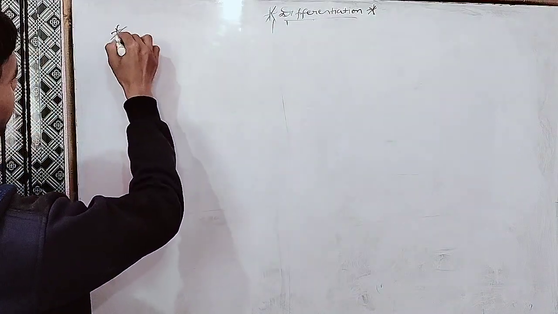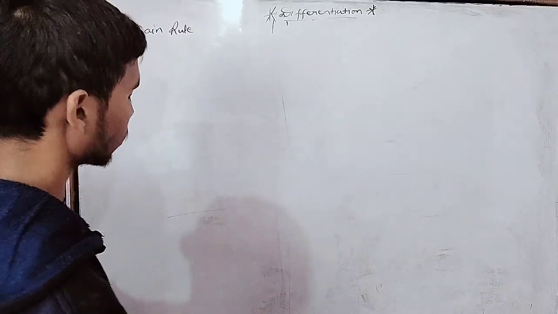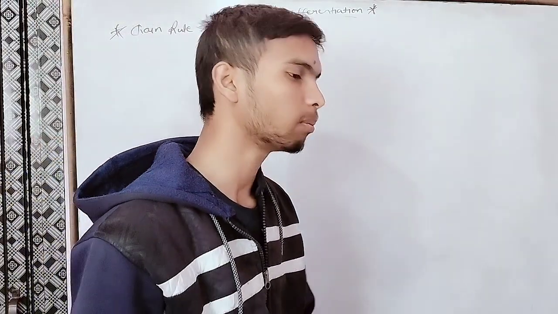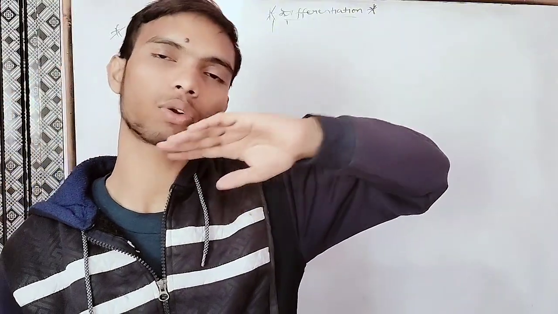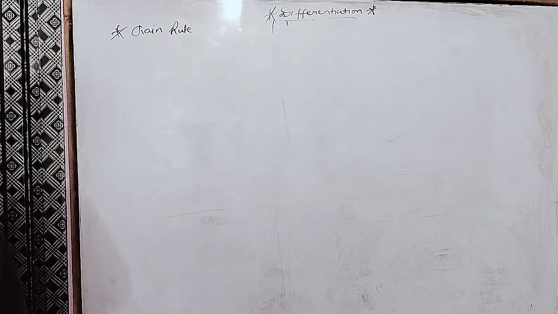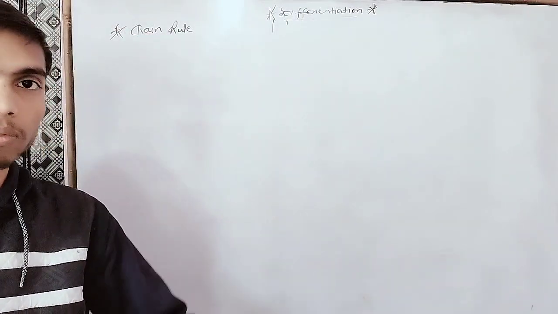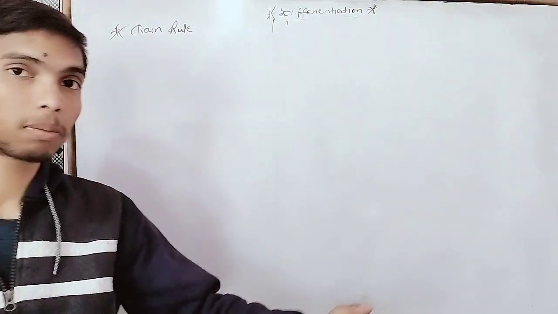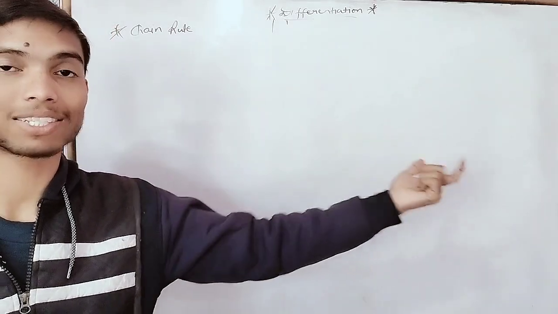Whatever we have, it would be in multiplication. We will do differentiation of all of it. That is the meaning of a chain rule. We will break up all the multiplication functions. In multiplication, there would be a lot of functions. That's why it is called chain.